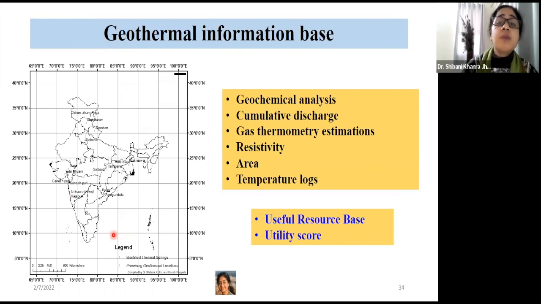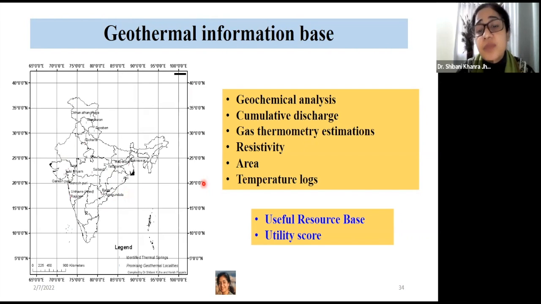There is some information base which is available: geochemical analysis, cumulative discharge, gas geothermometry estimation, resistivity, area, temperature logs, etc. And at the same time, these were some existing data. However, for a shallow depth, the geothermal reservoir is spread all over the country, as you can see, it is available.